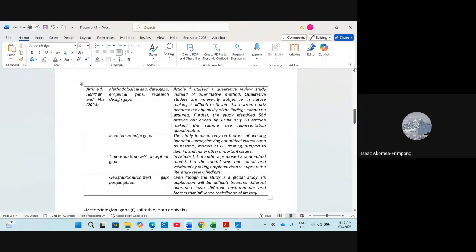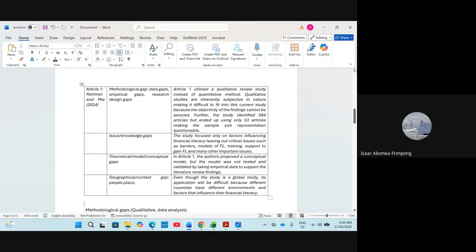So one, you can look at this from the methodological gap, and the methodological gap, some say, is the same as the data gap, the empirical gap, the research design gap. If you see all these things, they are the same, or almost the same. This gap focuses on the methodology that has been applied in existing literature.